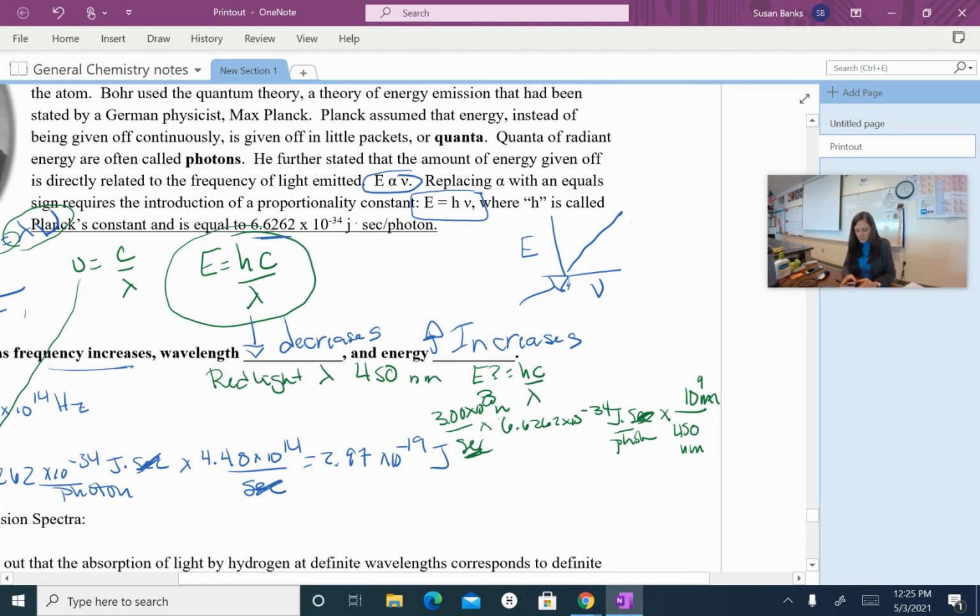We're going to multiply it by 1 billion because there are 1 billion nanometers in a meter. And we get an energy of 4.42 times 10 to the negative 19 joules per photon.